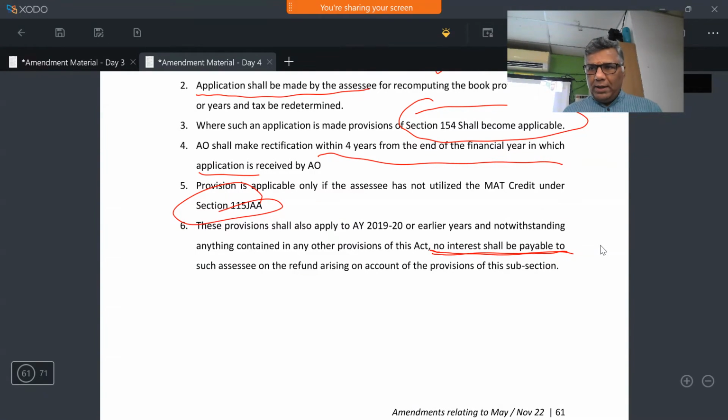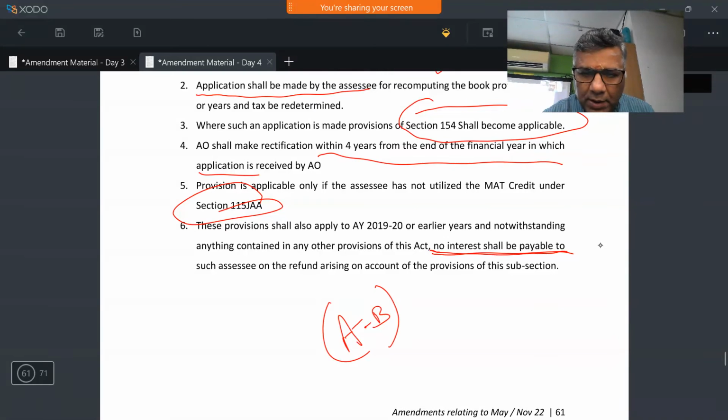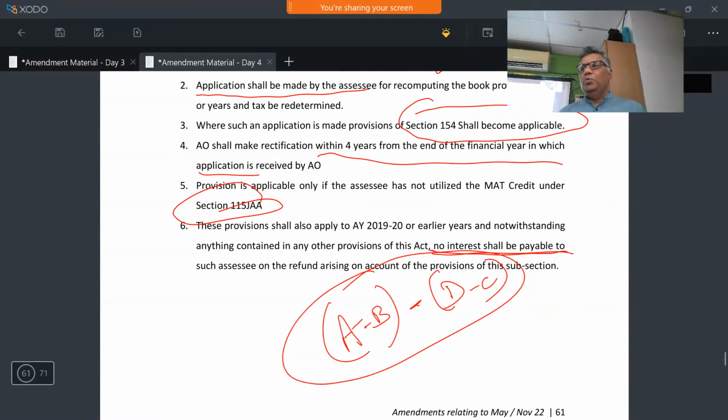Relief is equal to A minus B minus, next bracket open, D minus C. Let me explain what it is.